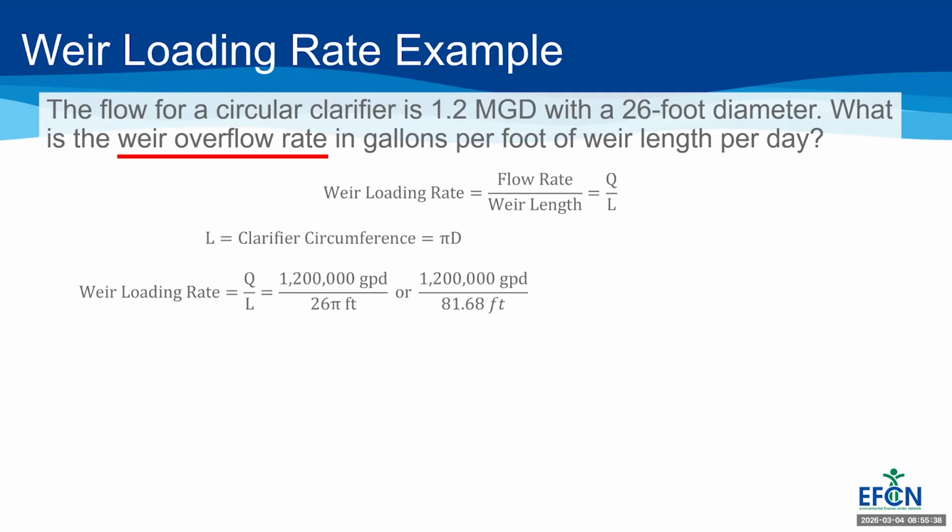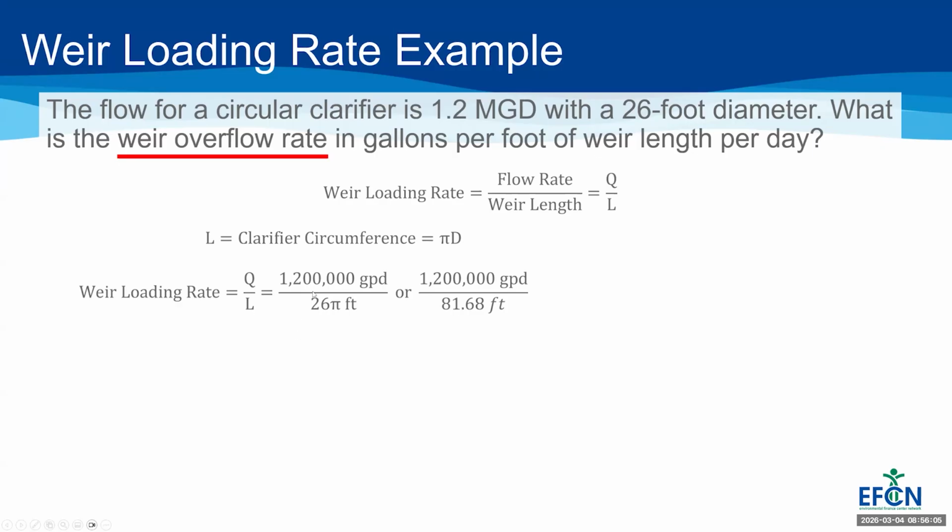So it's almost like we're going to take that clarifier and turn it from a circle and stretch it out and make it a straight line. So length of a clarifier is the same as the circumference of the circle, which is pi times d. So we've got the flow rate, and we've got the length, and we've got gallons per day per foot. And that's what it asked for in the question, gallons per foot, right?